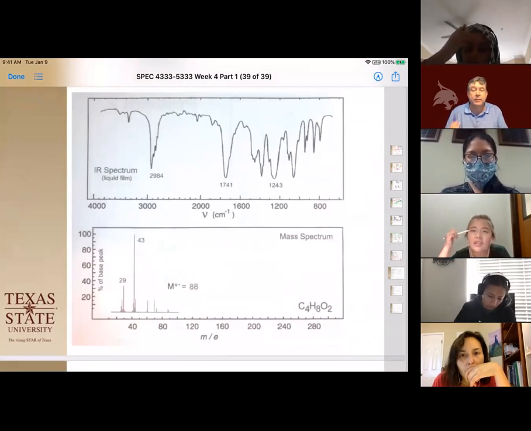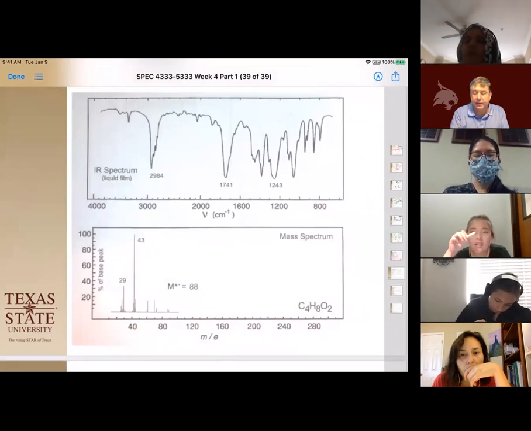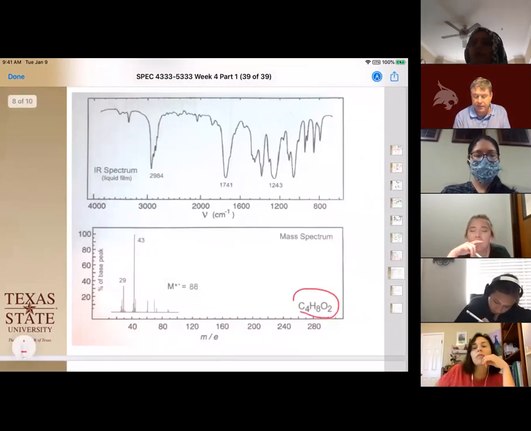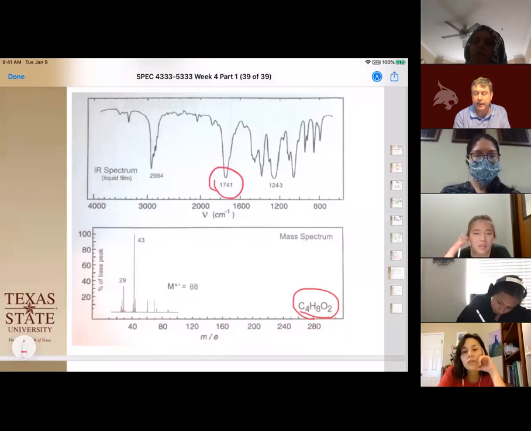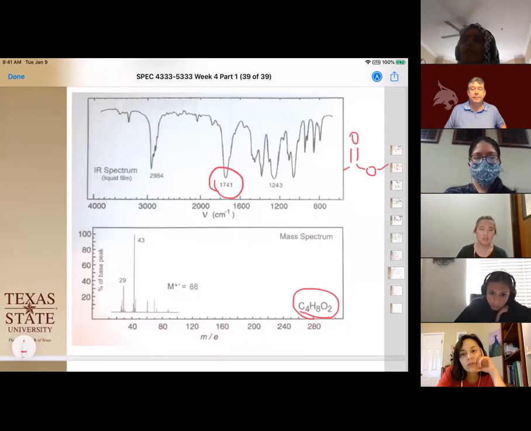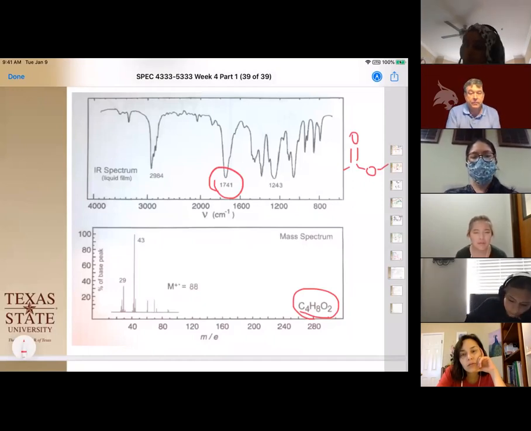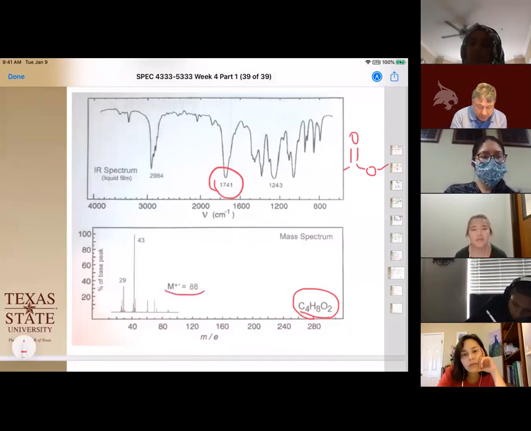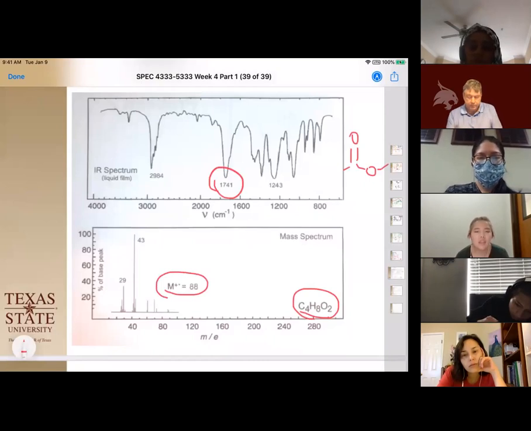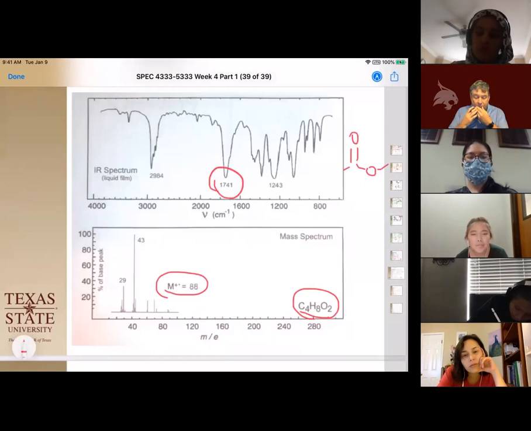Because there are 2 oxygens and the carbonyl peak is in the higher range. Ah, great. Immediately looked at this, immediately looked at that, and thought ester. A very small molecular ion peak. All right, so we have an ester.